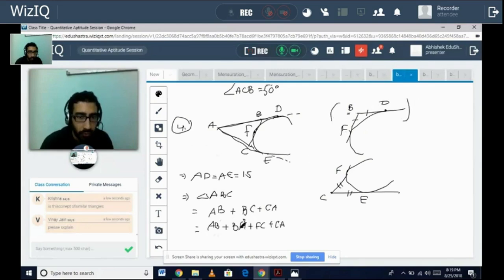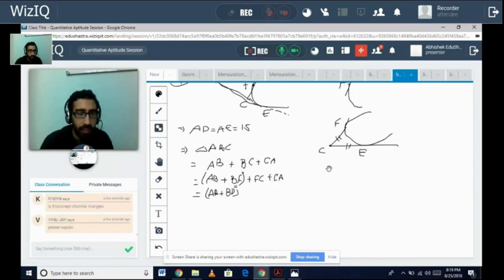So if I combine AB and BF, replacing BF with BD, I get AB plus BD, which gives me AD. Similarly, FC is equal to CE, so replacing FC with CE and combining that with CA, I get AE.